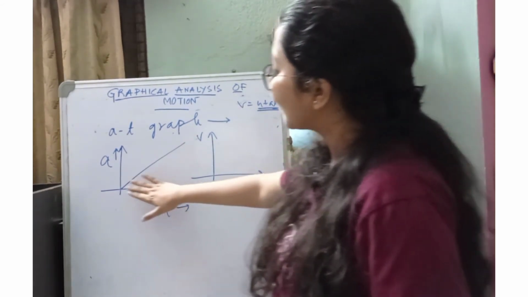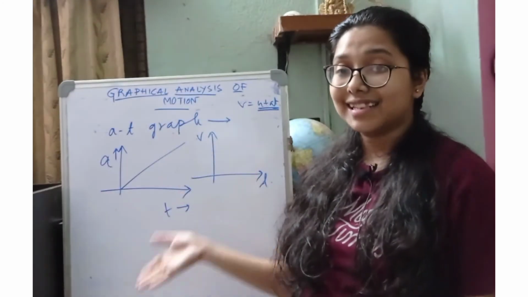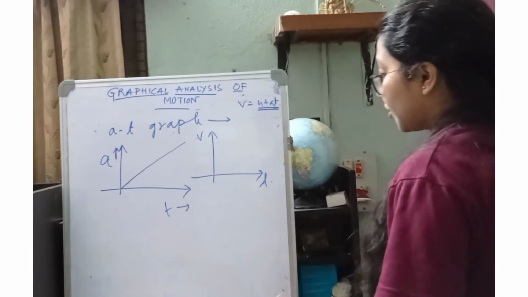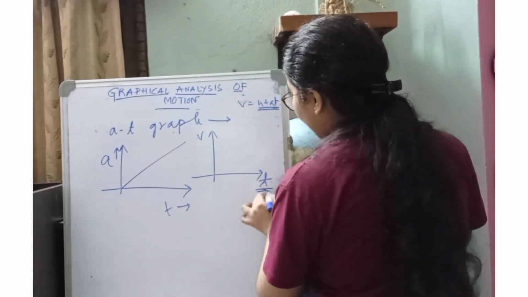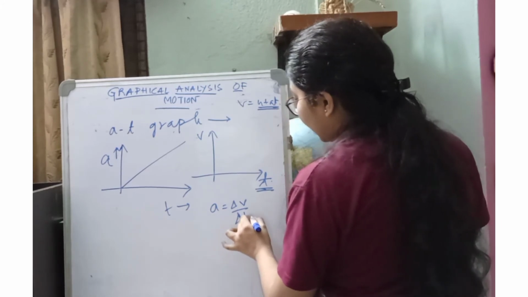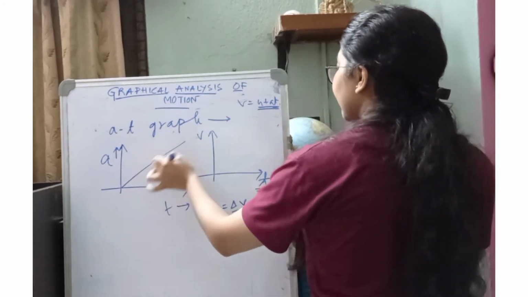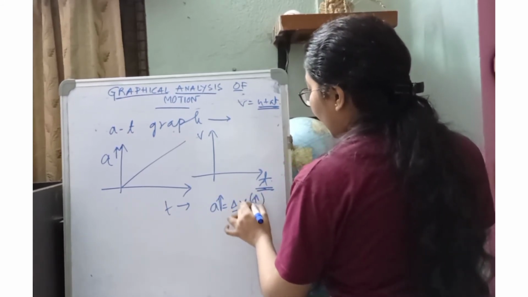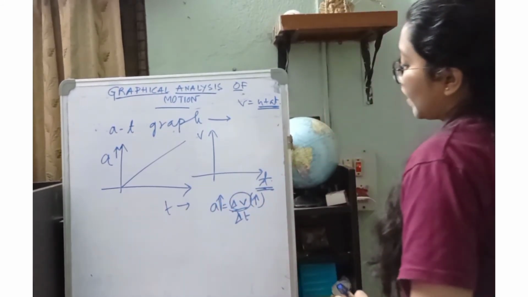Okay, so acceleration is increasing, which means delta V is also increasing, because delta T must remain the same, the same time interval where we are studying. So if I write acceleration as delta V by delta T, I can see that acceleration is uniformly increasing. That means delta V is also uniformly increasing.